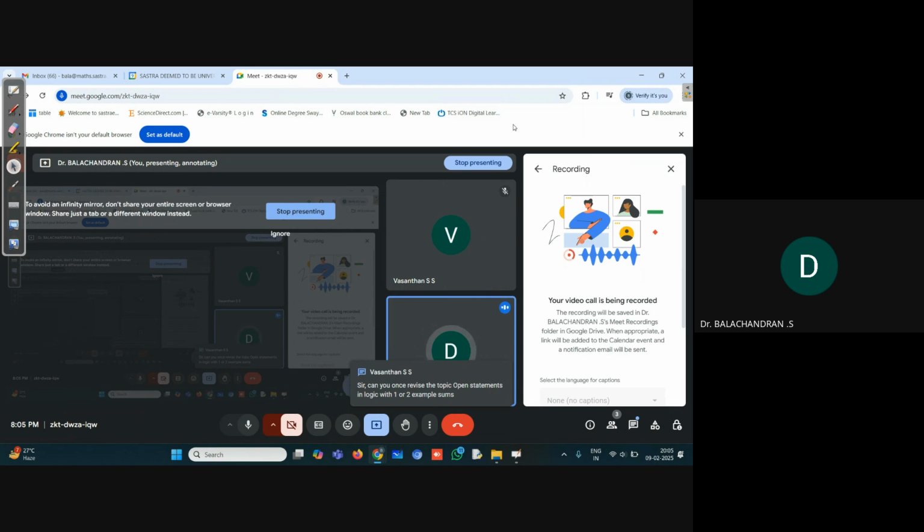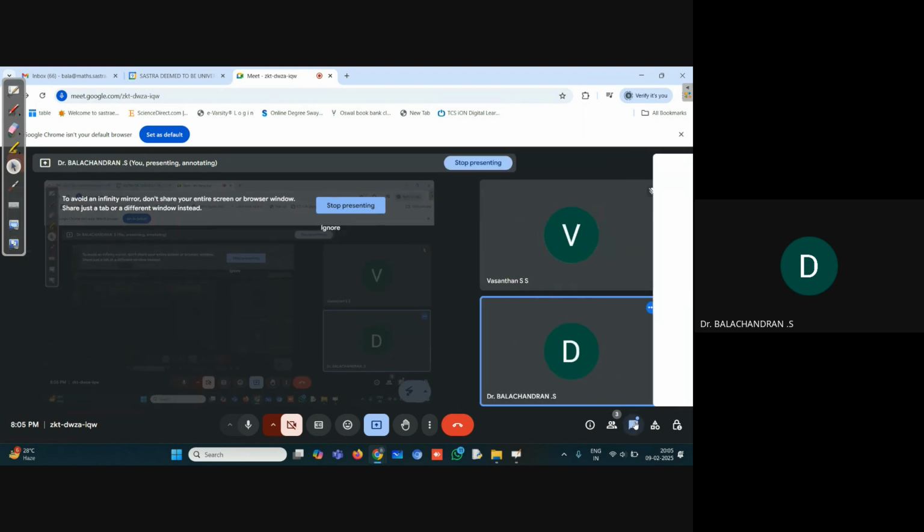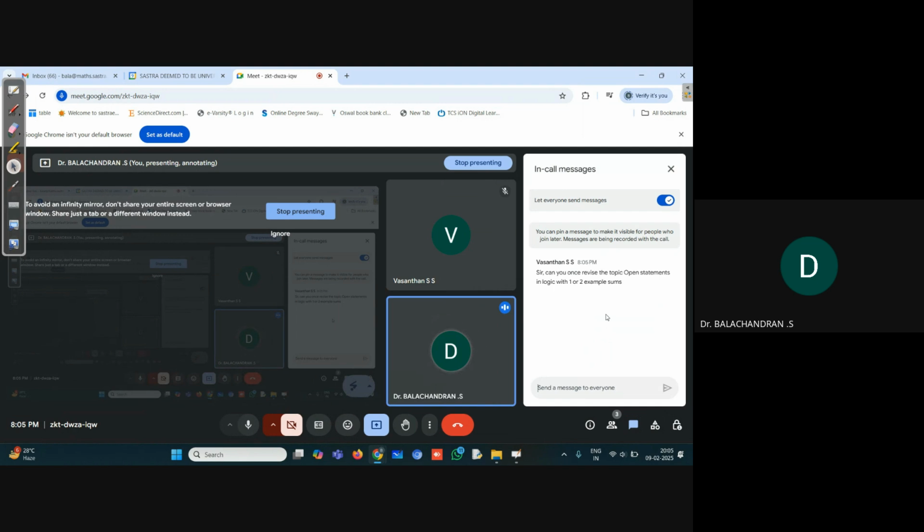Okay, let me revise the topic: open statements in logic. So in particular, can you tell, with one or two examples, an open statement?